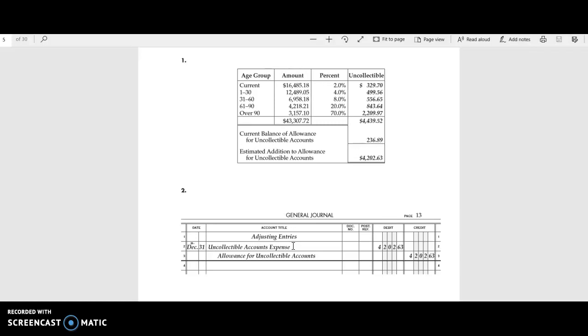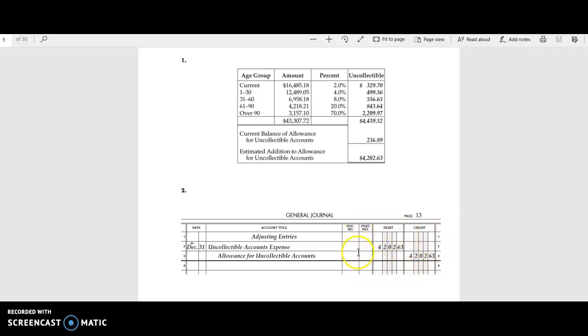On the income statement side, they take away from your owner's equity, from your revenue. So we'll be debiting the expense, and we'll be crediting this new allowance for uncollectible accounts. And that credit impacts our balance sheet because it takes away from all of our asset accounts.